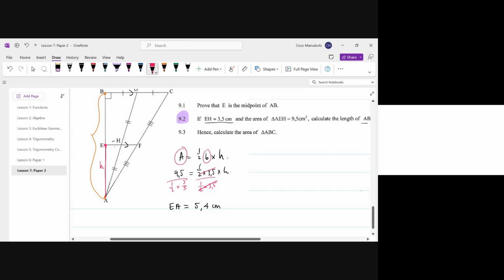If we know that EA is 5.4 and E is the midpoint, that means EB must also be 5.4. So EA is equal to 5.4, therefore EB is equal to 5.4, and that will then give us the distance AB. AB is therefore equal to 10.8 centimeters.